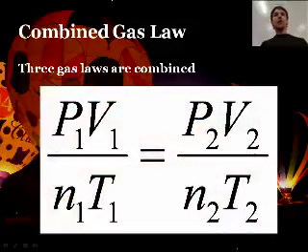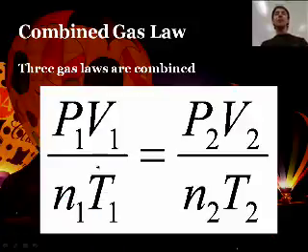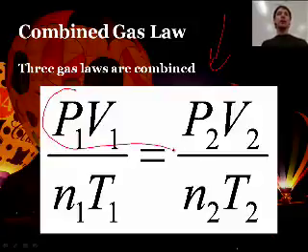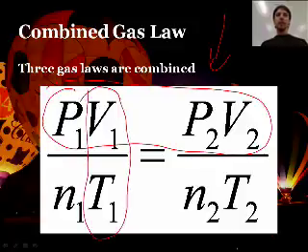So all the gas laws are combined. The three ones that we learned, as well as something that includes the N for the moles. Okay. Now the nice thing about combined gas law is if you don't remember any of the other gas laws, but you remember this one, you can get the other gas laws from this. So if you want Boyle's law, you just deal with the P and the V, and you ignore the N and the T. Okay. If you want any of the other ones, volume and temperature, you just deal with those.